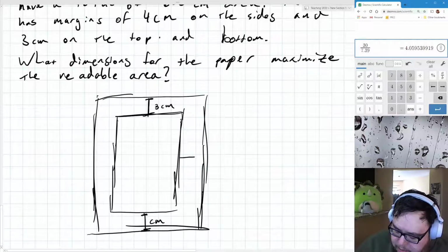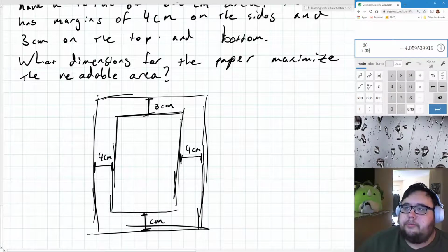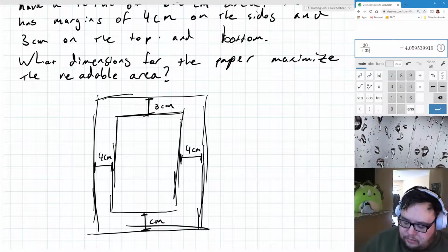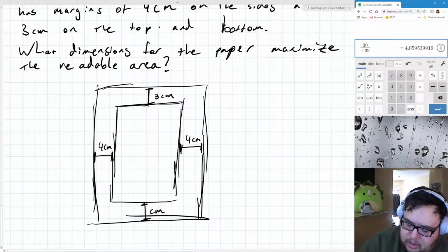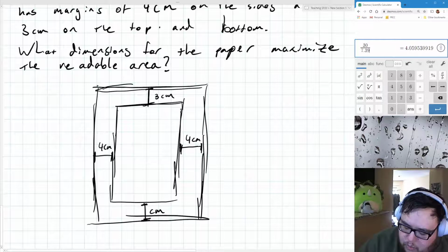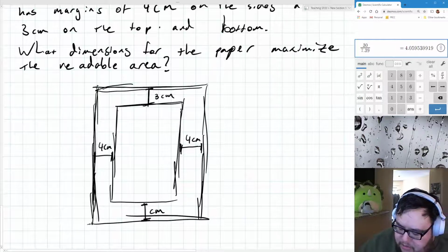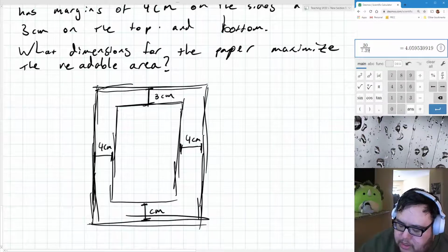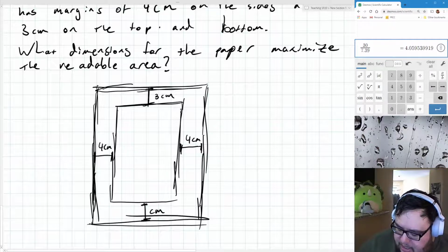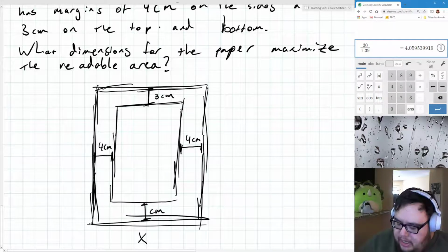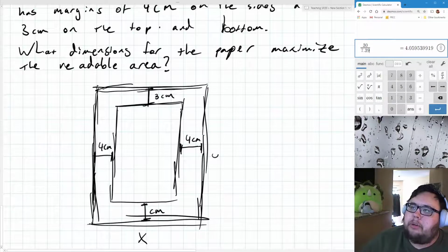And the side margins will be 4 centimeters. So when assigning variables, we're asking about the dimensions of the actual paper, right? So it seems nice to me to assign x as the horizontal width of the paper and y as the vertical height of the paper.